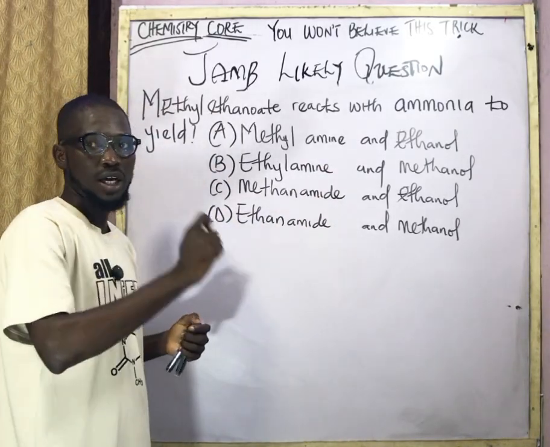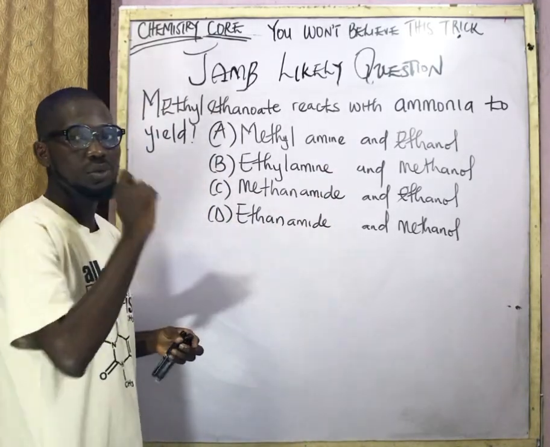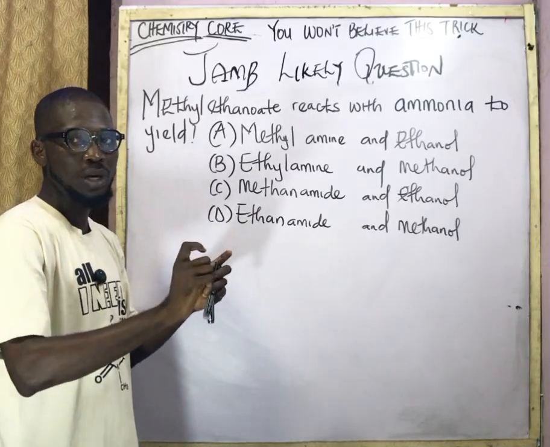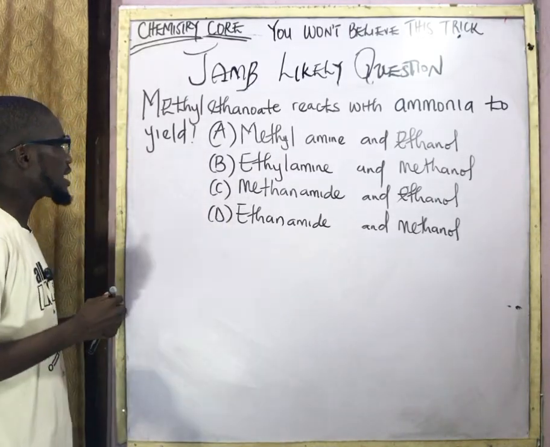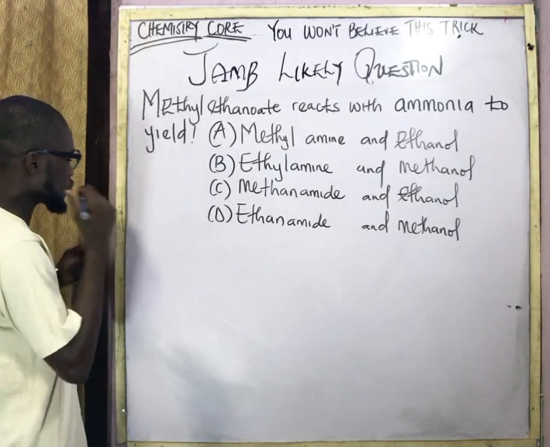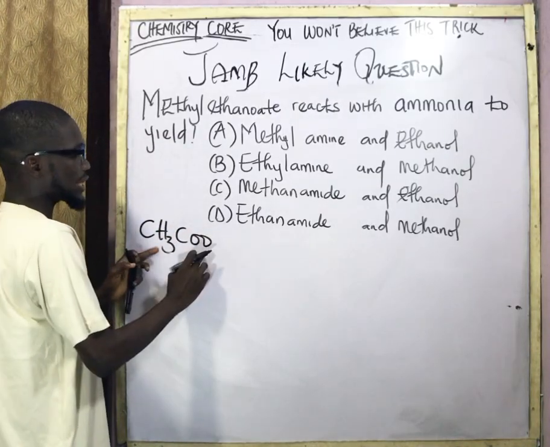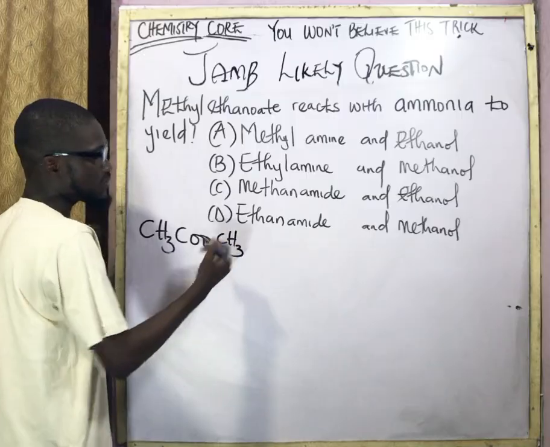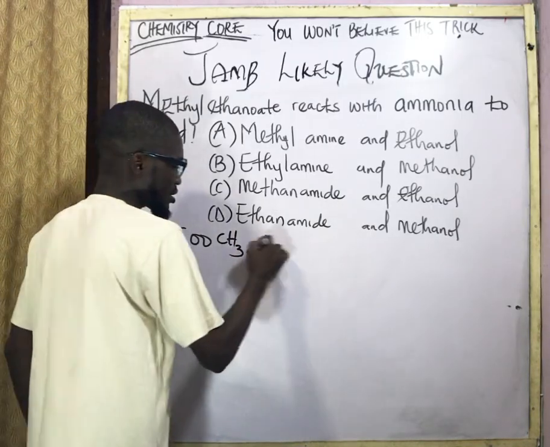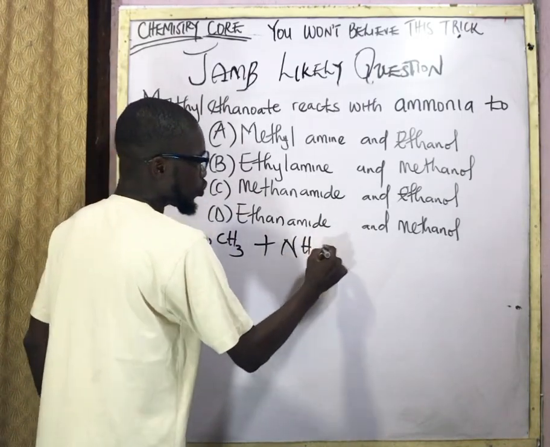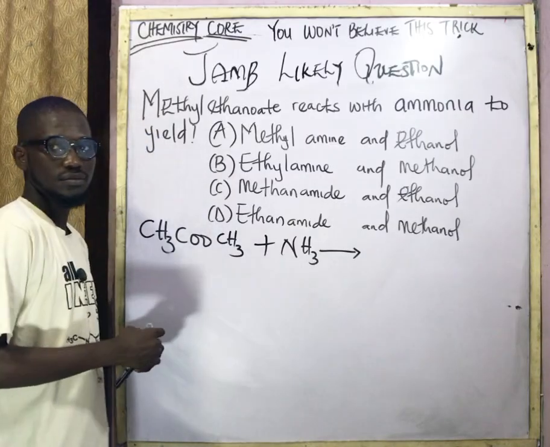So the first thing we are going to do here is to write out the chemical formula of methyl ethanoate, and to have that we have CH3. This is ethanoate, and here we have our methyl, plus the ammonia. What are we going to have?